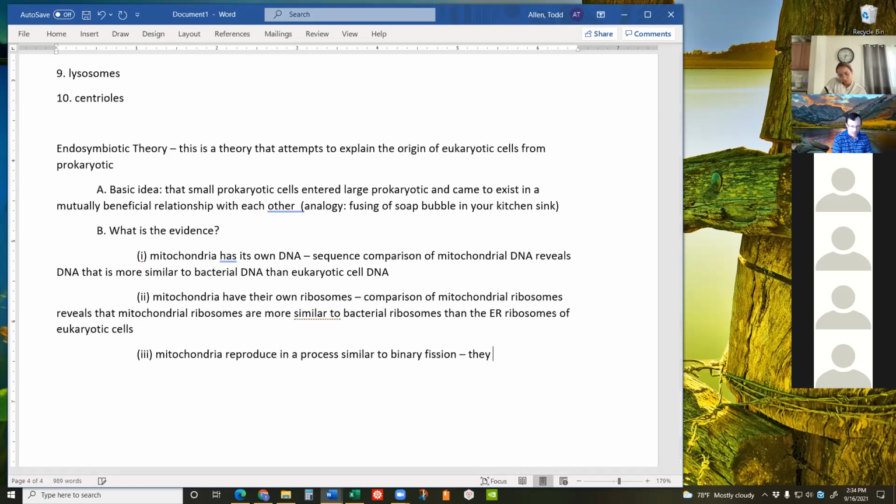They can reproduce independently of mitosis and meiosis happening inside animal cells.